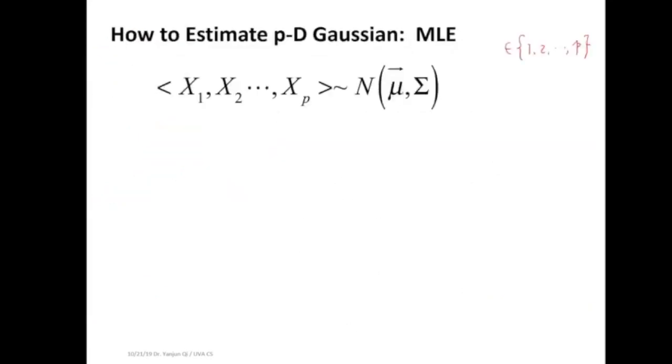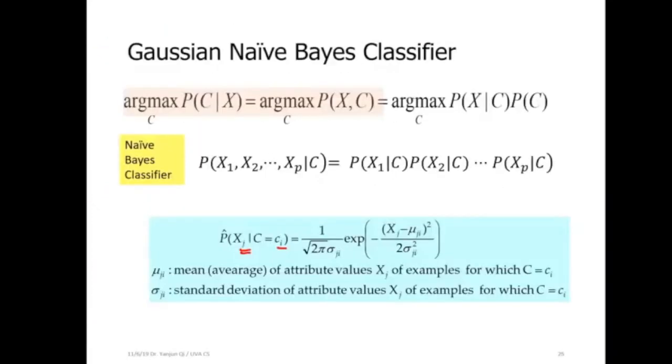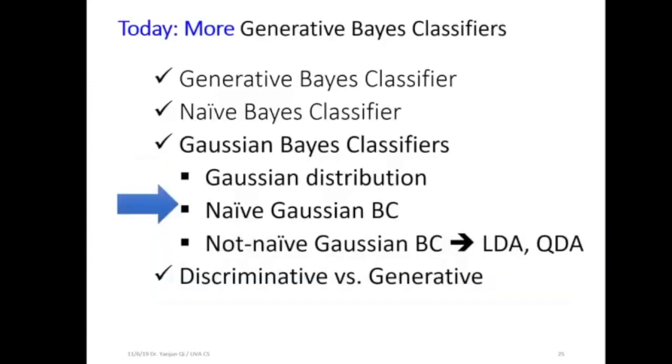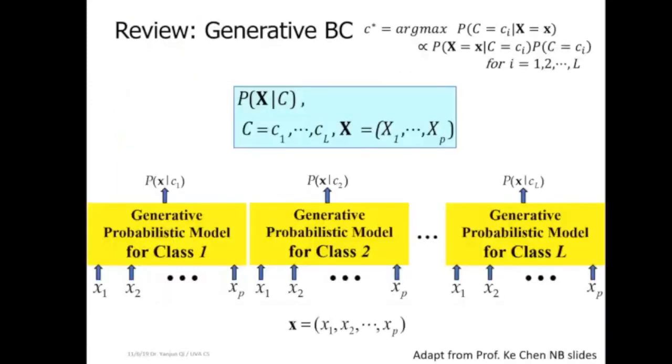Remember that. Then when we use it in Bayes classification, for each class label we need 2p. This has 2p, this has 2p, and so on. So in total, how many parameters do we need to estimate?